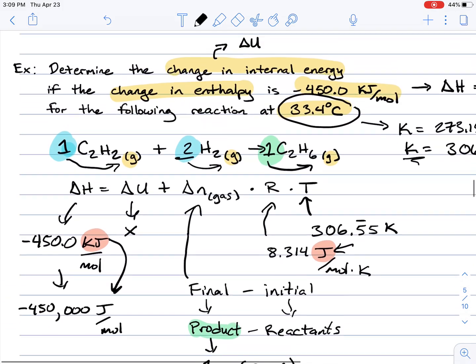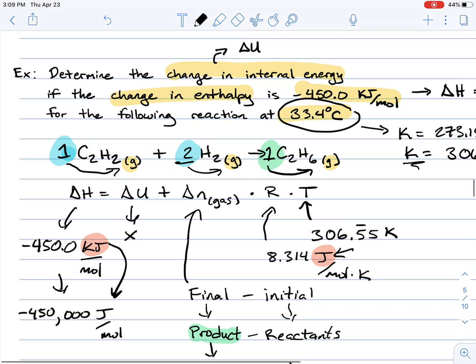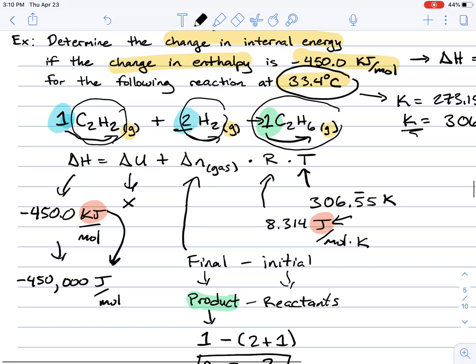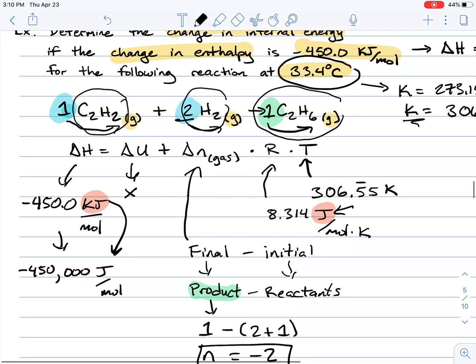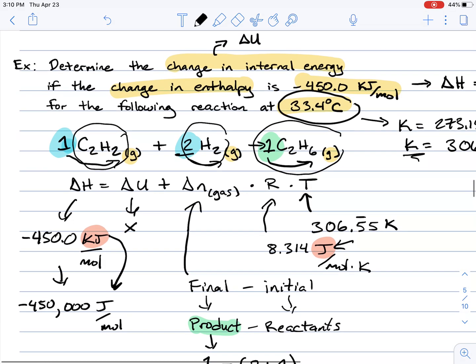Okay. And so let's think about the thermodynamic process in terms of internal energy. So when 1 mole of ethene reacts with 2 moles of hydrogen gas, it's going to produce 1 mole of ethane, and the overall change in internal energy is going to be negative 444.9 kilojoules per mole.